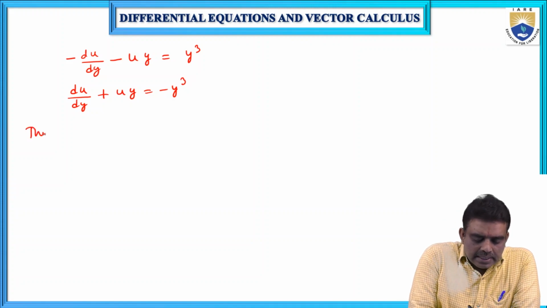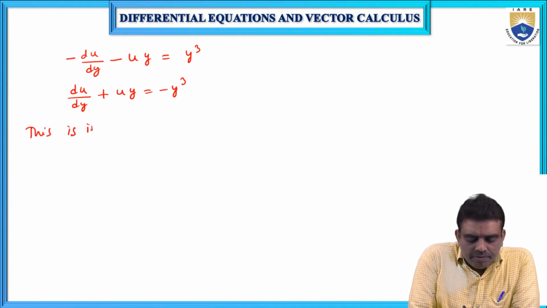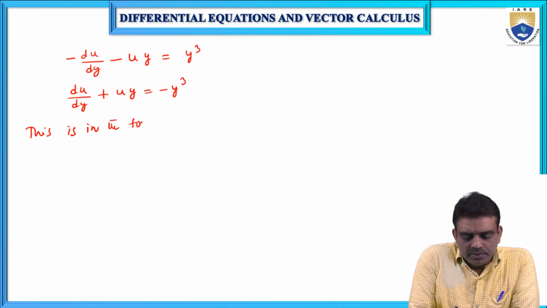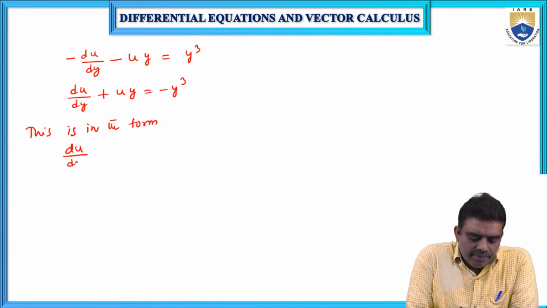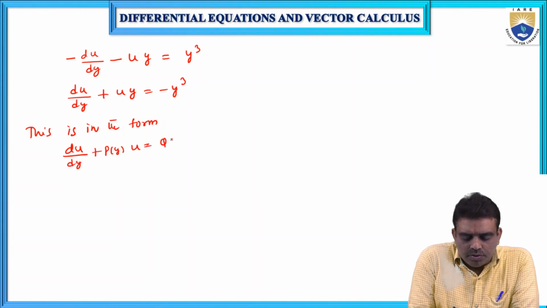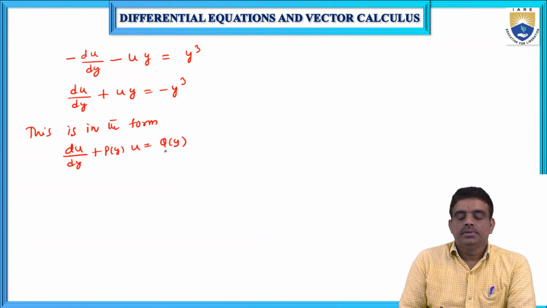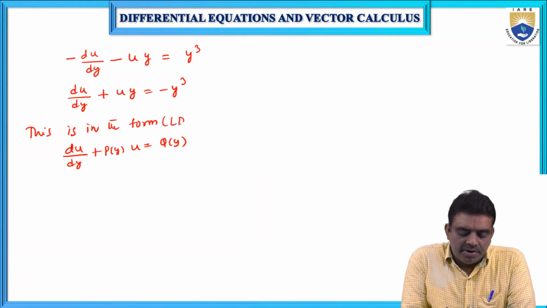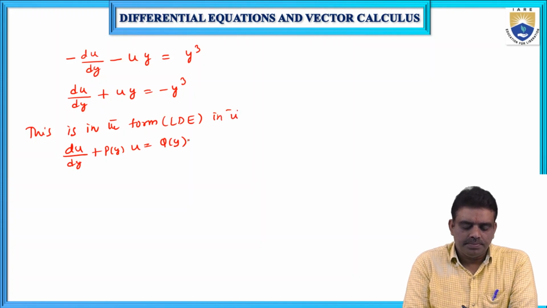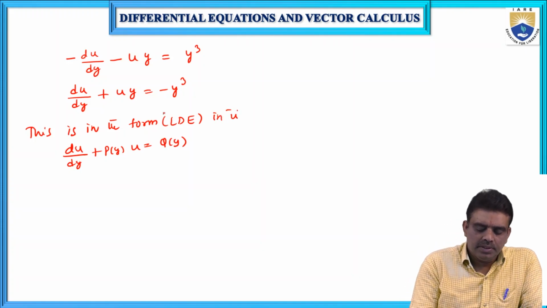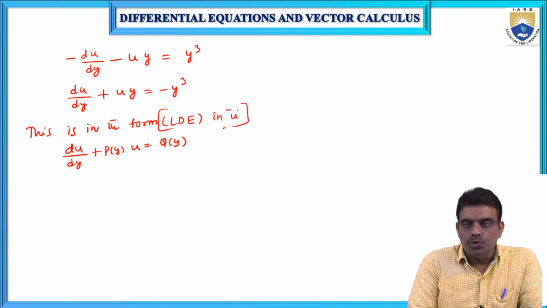So this is in the form, what is the form? Standard form du by dy plus p of y into u is equal to q of y. This is in the form of linear differential equation in u terms. This is linear differential equation in u.